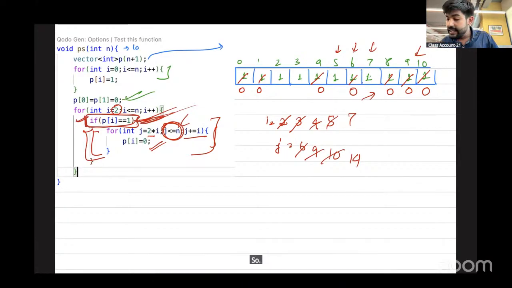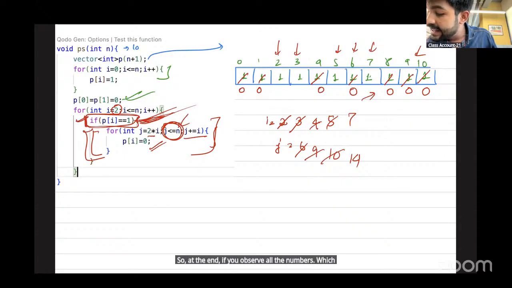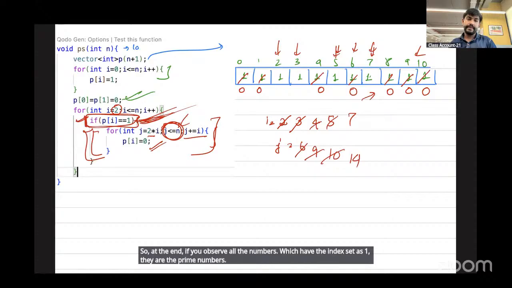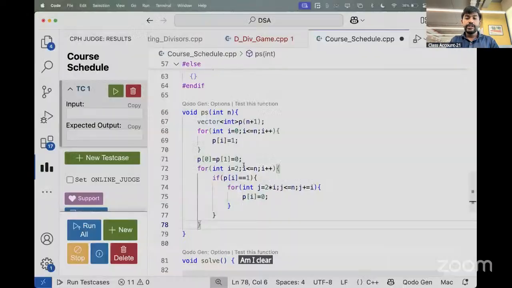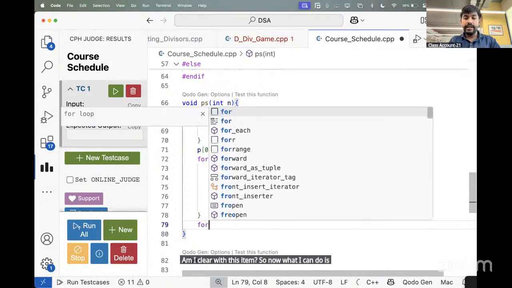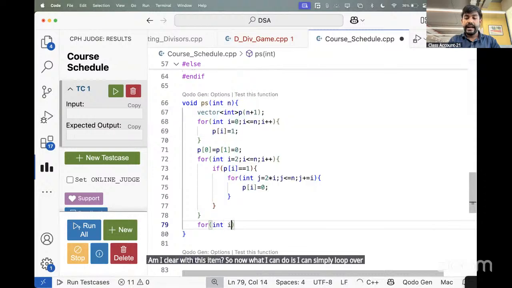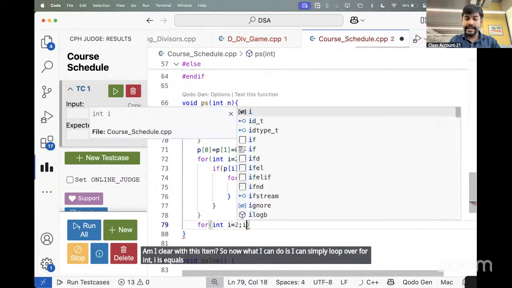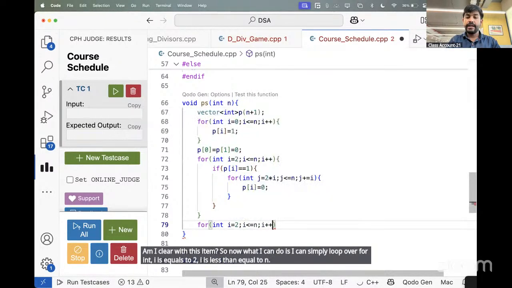So at the end, if you observe all the numbers which have the index set as 1, they are the prime numbers. Am I clear with this diagram? So now what I can do is I can simply loop over for int I is equals to 2, I is less than equal to n, and I plus plus.